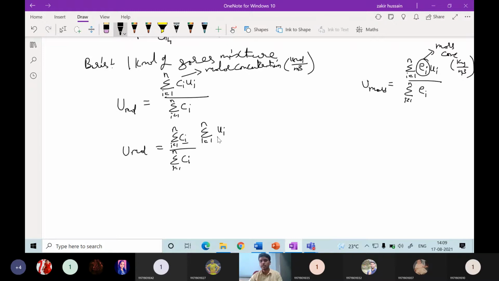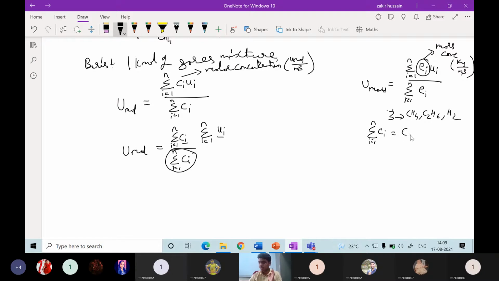So this is Ci into ui. This sigma belongs to Ci into ui, but this summation belongs to Ci. We already said the summation of i equals 1 to n of Ci is nothing but n number of components. Here how many components are there? 3 components: CH4, C2H6 and H2.